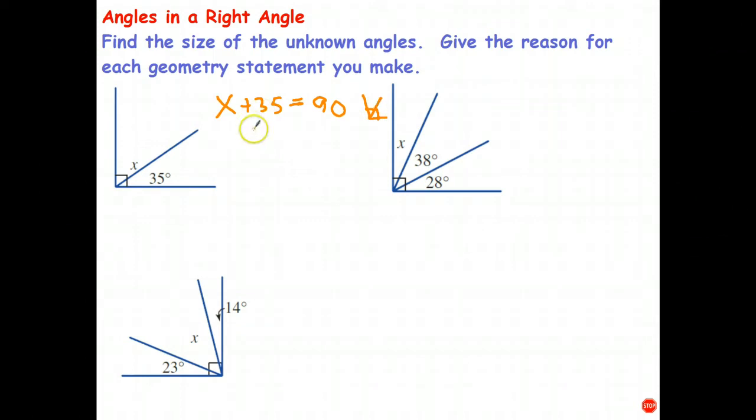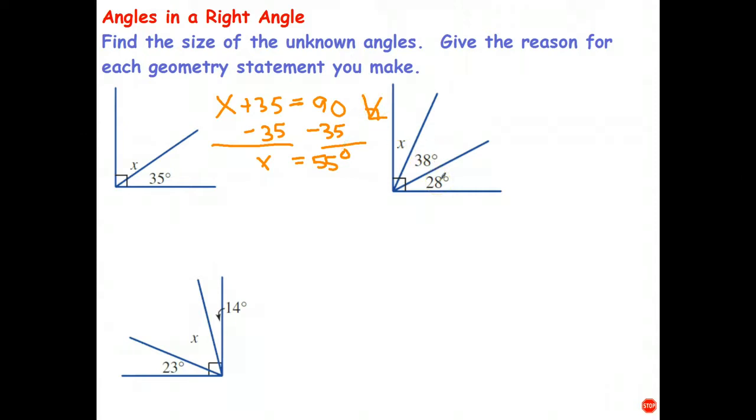Having done that, I can now go ahead and find the size of the unknown angle x. Subtract 35 from both sides, like so, and x equals 55 degrees. There's the answer, and there's the reason for it.